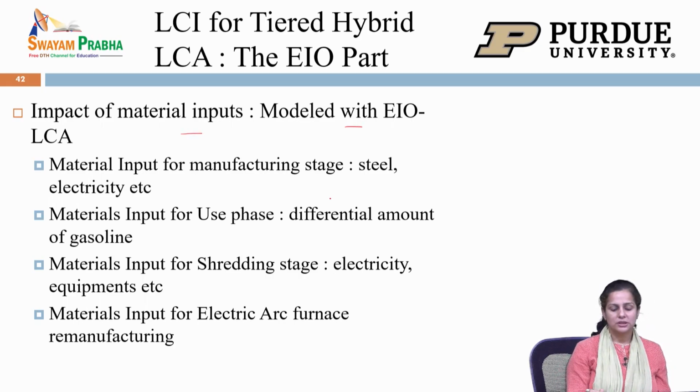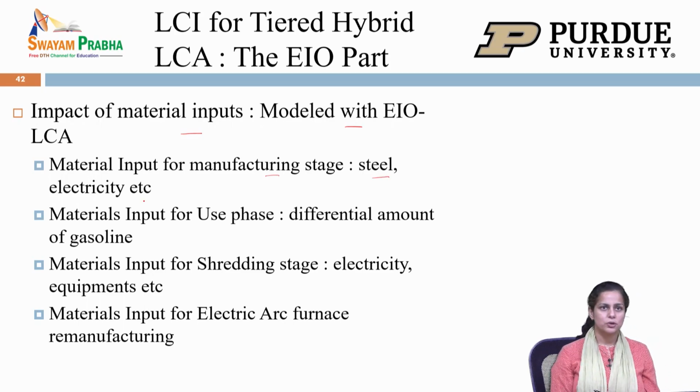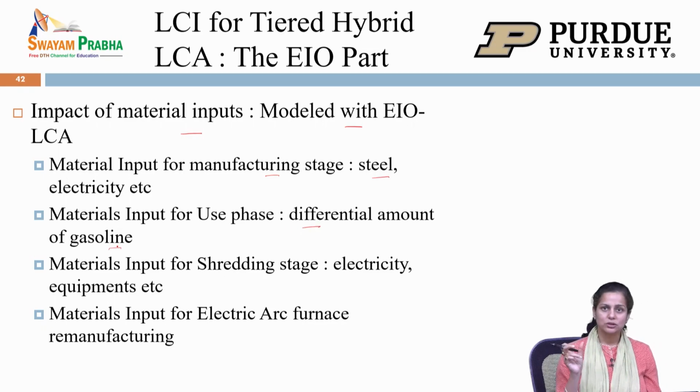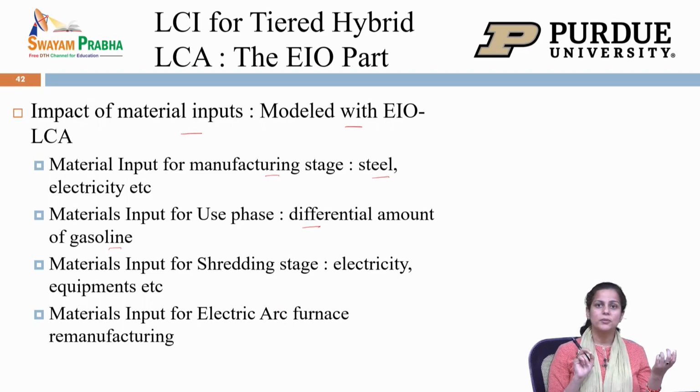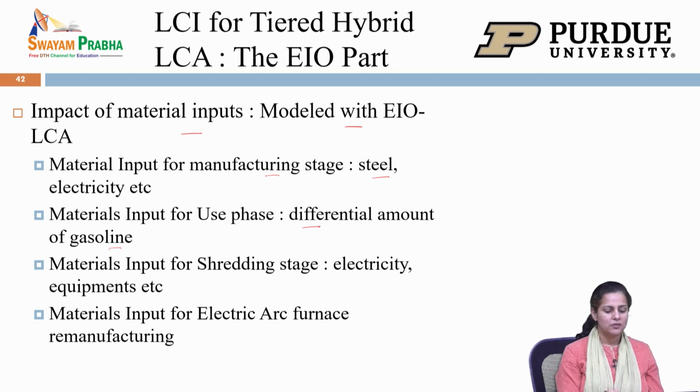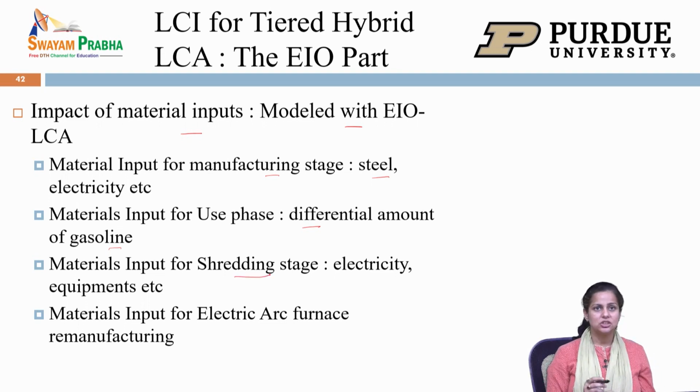So, for example, for manufacturing stage we have steel and electricity, that was modeled as input output. Material input for use phase, differential amount of gasoline. So, how much that differential amount of gasoline is also coming from economy. So, that was also modeled as an input output LCA. Then we have materials input for shredding stage.